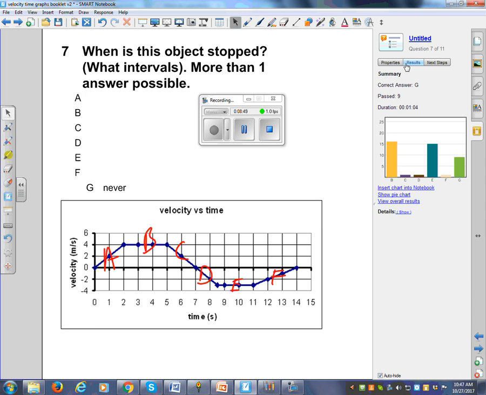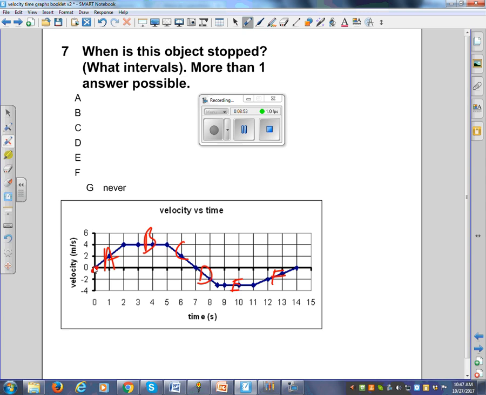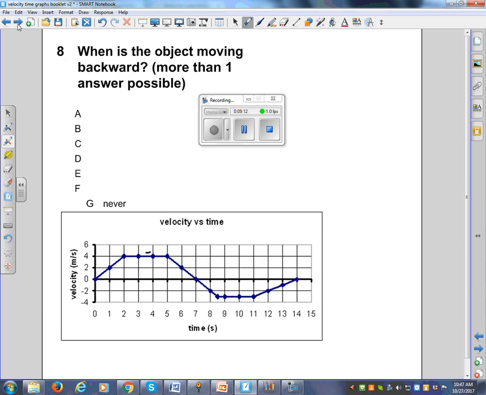So Jason is saying that actually at 3 spots, right there, and right there, the velocity is momentarily or instantly 0, right? So the question says, what intervals does it stop? So G never is your best answer. Does that make sense? Now that you see it? Yes? Okay. If you want to go back and change some answers here.